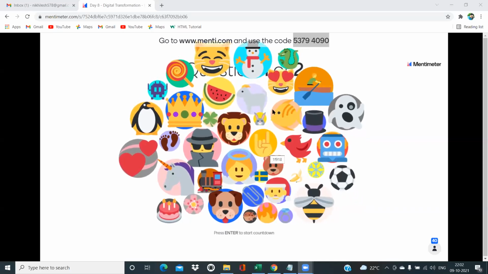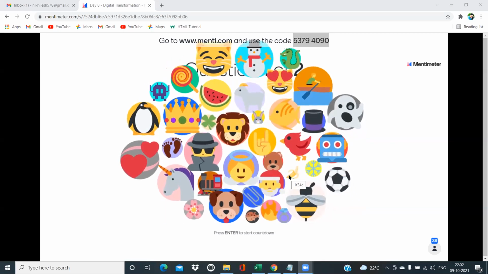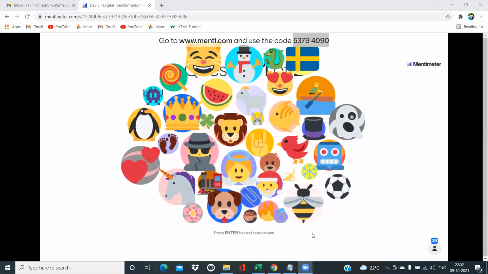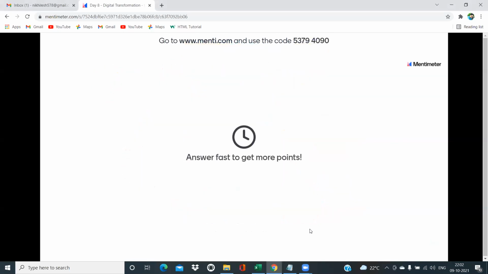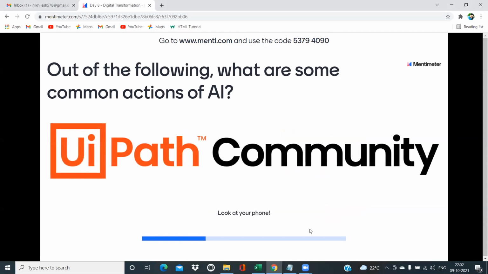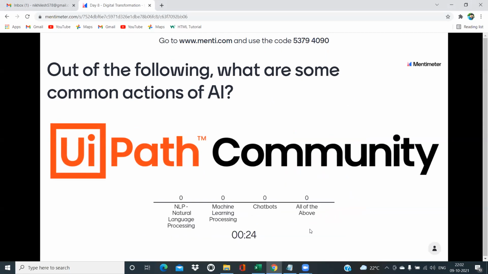Okay, I hope everybody joined the Menti. I don't want to waste more time. So let's enter the first question. Out of the following, what are some of the common actions of AI? You have 4 options.